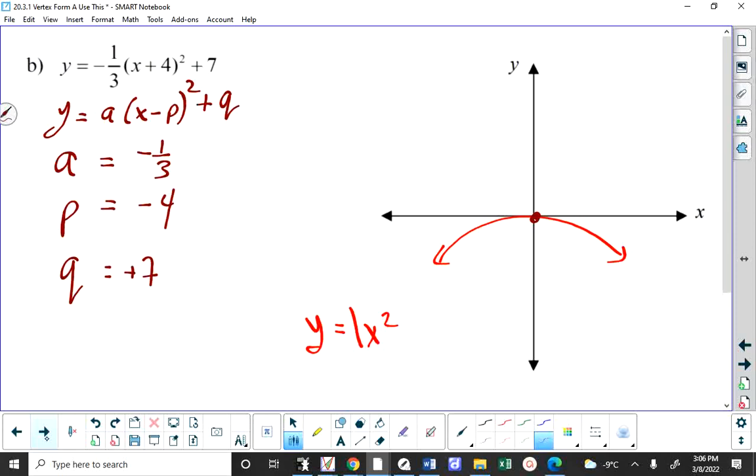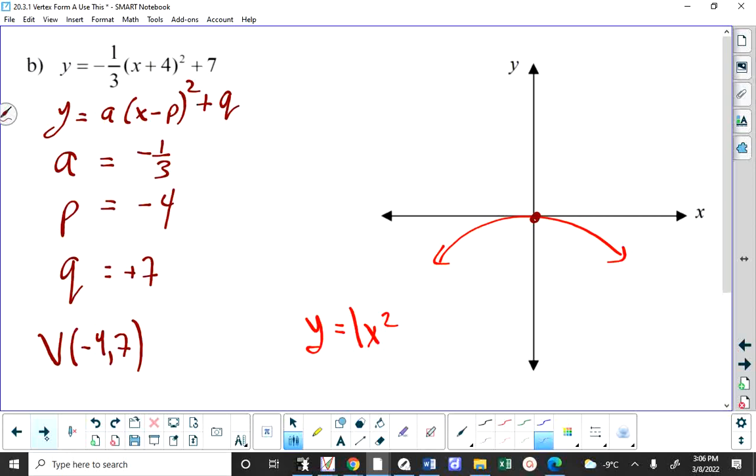So we want to try to, I know you have to sketch the graph, but we want to try to become good at abstract thinking here. And the vertex is going to be negative 4, 7. I haven't sketched it yet, but look at where the vertex is now. And if I shift it 4 to the left and 7 up, then it will go to negative 4, 7.